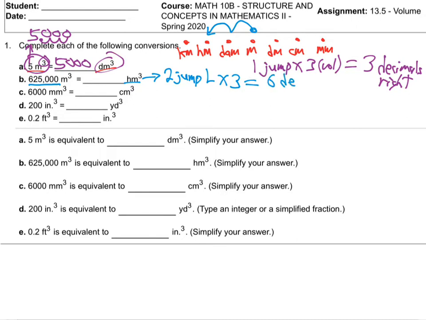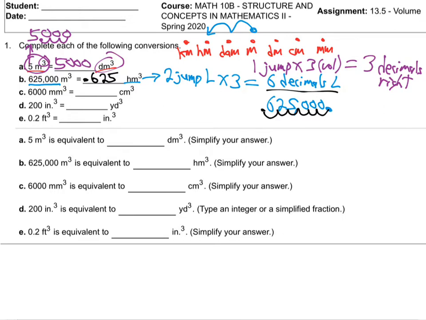Is 6 decimals left. So I've got to take that 625,000 with the decimal right there. And I got to go how many? 6 decimals left. 1, 2, 3, 4, 5, 6 right there. So 0.625. You don't need those extra zeros. They don't contribute anything.